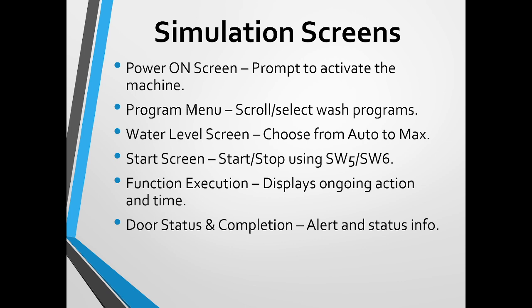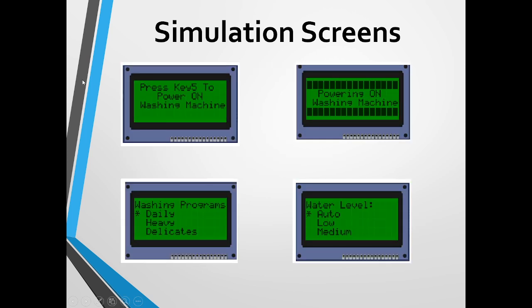Like press key 5 to power on the washing machine. This is the first screen of the washing machine. After that we need to press key number 5 to power on the washing machine. Then it will show the status like powering on washing machine.